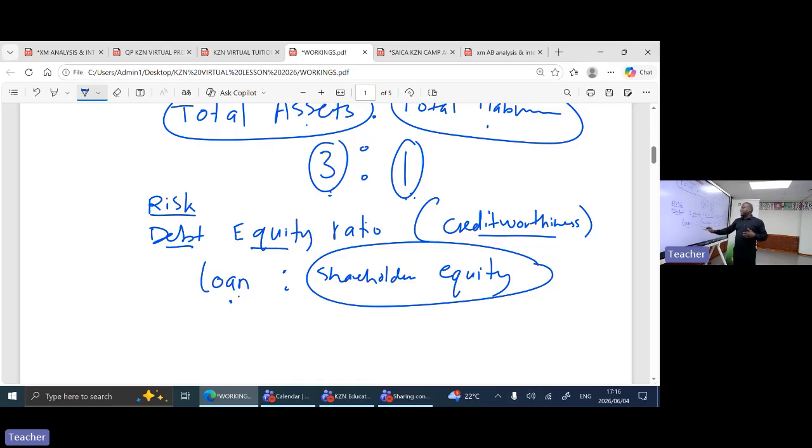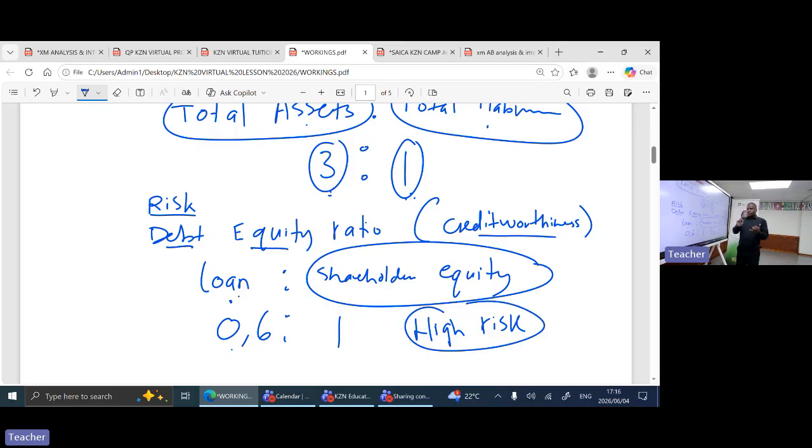So our own capital here should be 1. If we have 0.6 to 1, that's when we say we have a high risk. Anything above 0.5 to 1, we say high risk, from 0.5, 0.6 and upwards.